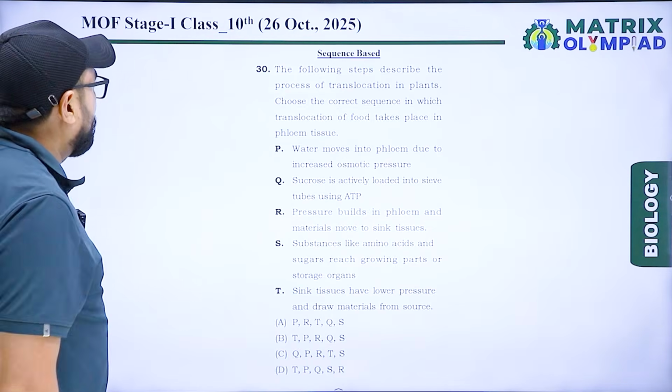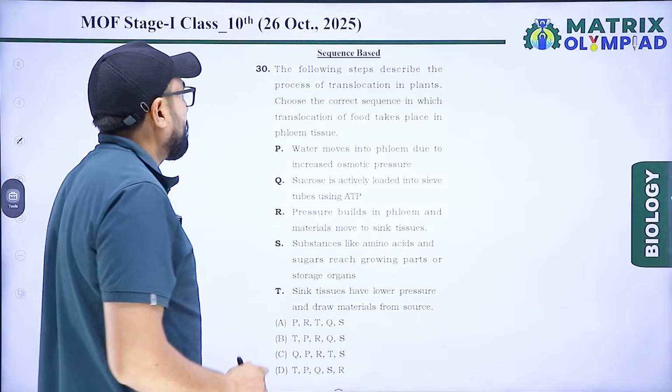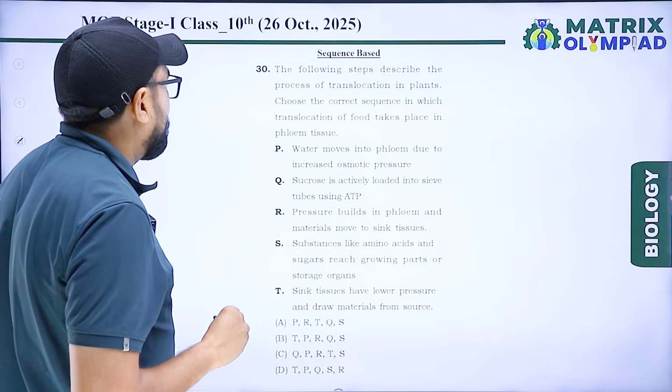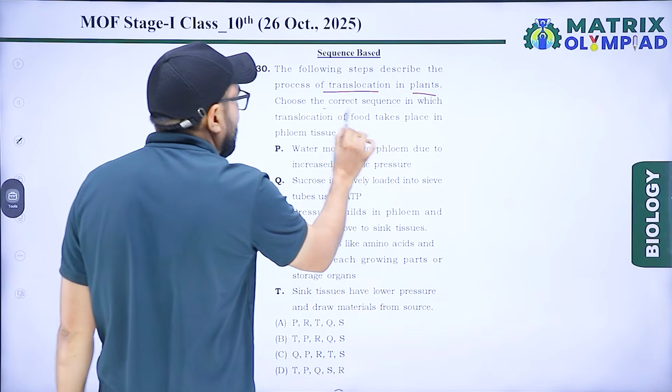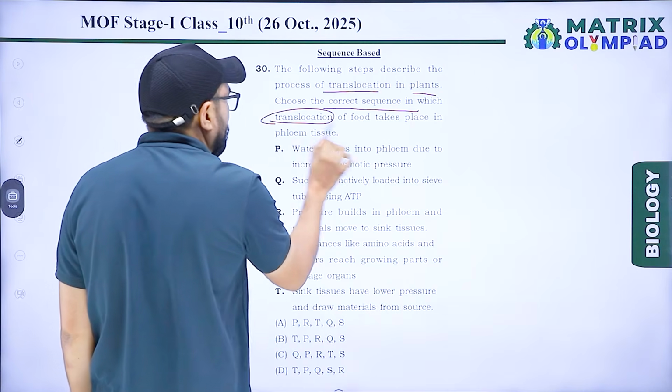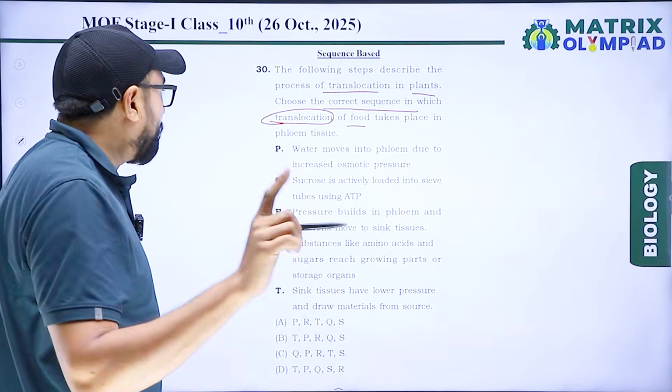Next, sequence based. The following steps describe the process of translocation in plant. Choose the correct sequence in which the translocation of food takes place in the phloem tissue.